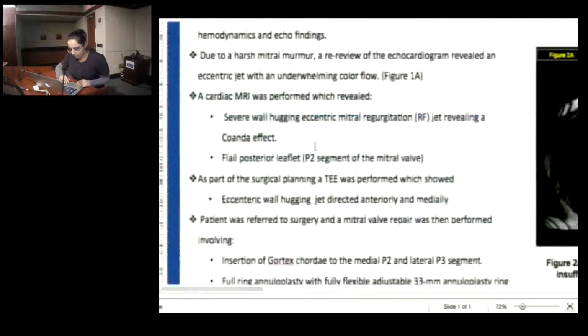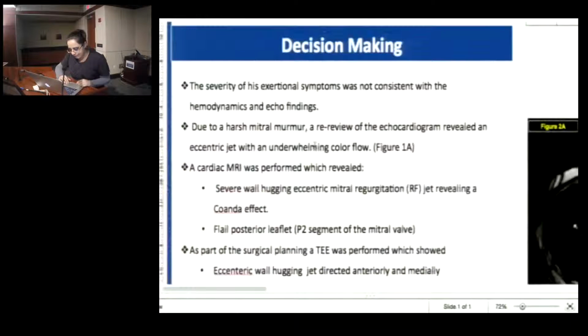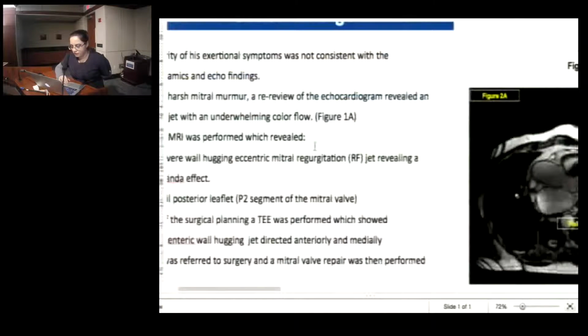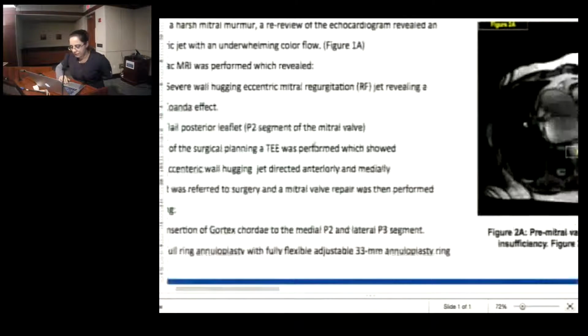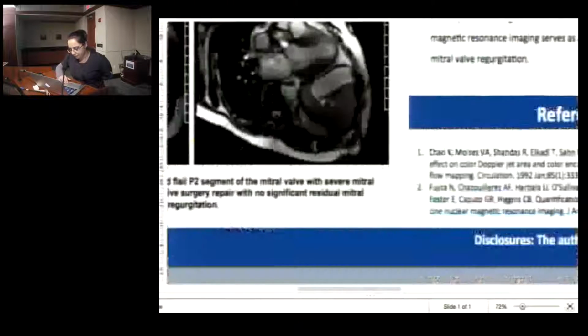I put that in the text. It was severe. I'll put in the regurgitant fraction and everything.